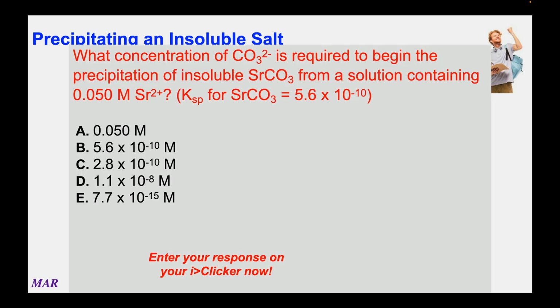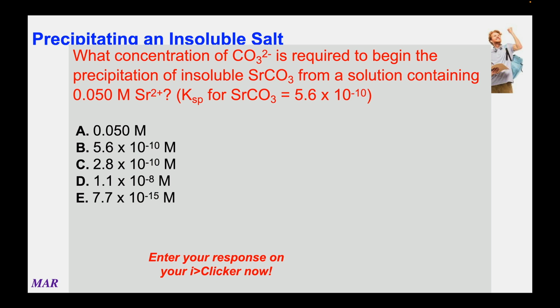So here's a reaction with strontium carbonate, and we want to know the concentration of carbonate required to begin precipitation of insoluble strontium carbonate from a solution containing 0.050 molar strontium 2+ ions. Okay, so here's the big picture. We must have found now in my other grandfather's basement, if you will, a 0.050 molar strontium solution.